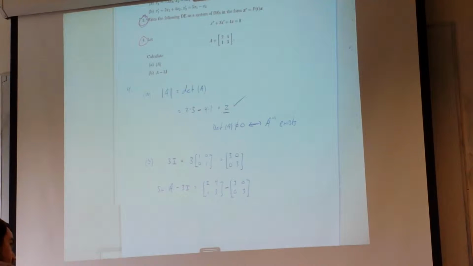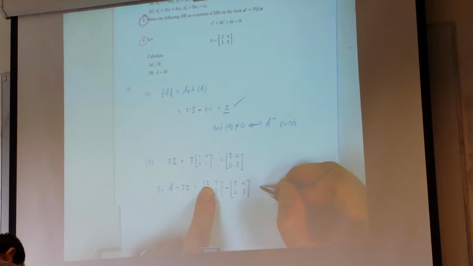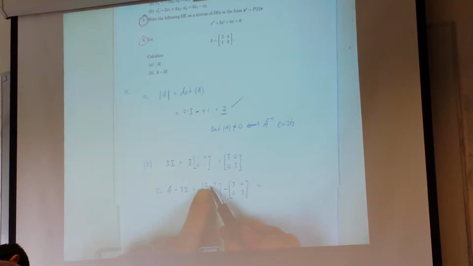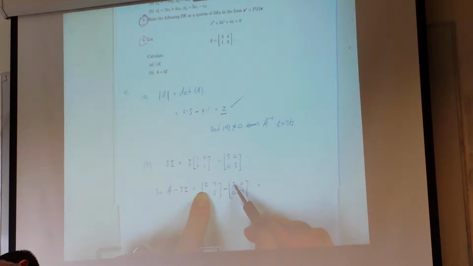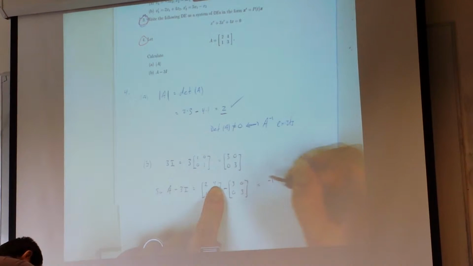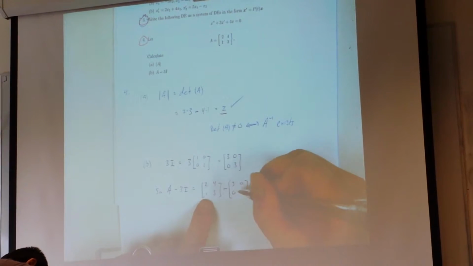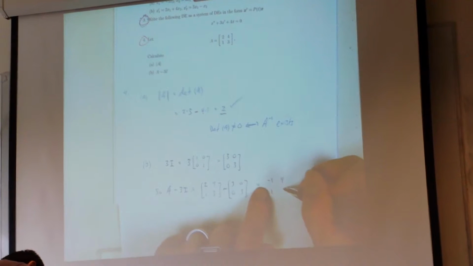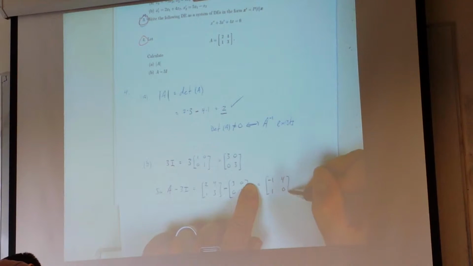And we know what a negative 1 scalar multiple looks like. So essentially, I could use real number subtraction and subtract corresponding components. So entry 1,1, 2 minus 3, and we get negative 1. 4 minus 0 is 4. 1 minus 0 is 1, 3 minus 3 is 0, so that entry got knocked out. All right.